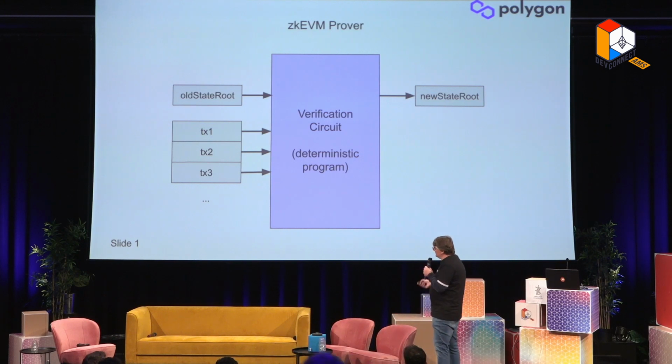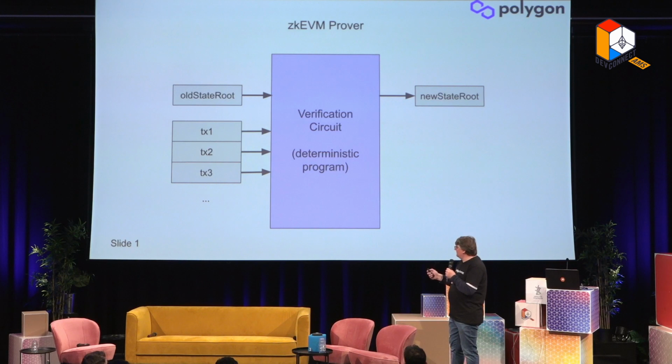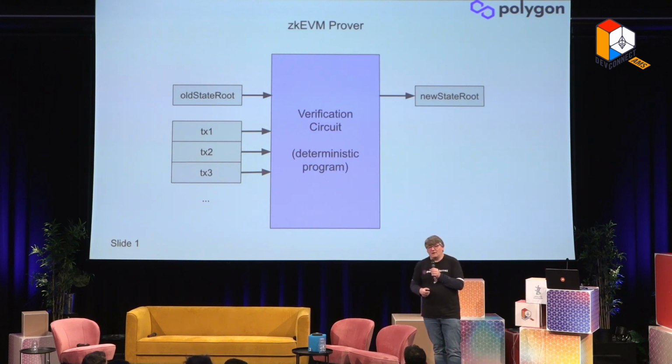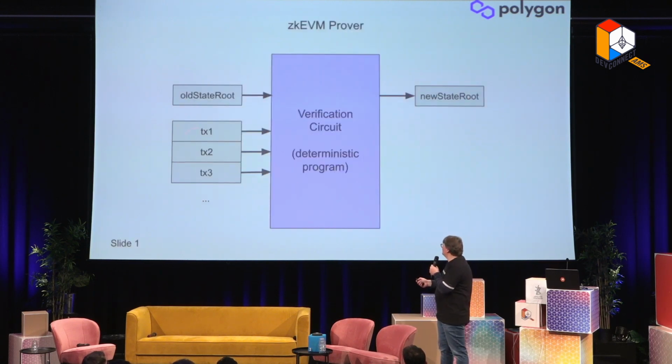And we want to generate a proof that after processing these transactions, we get a new state. So the core of this zkEVM rollup is the prover, how we prove that when we process those transactions, we get this new state.